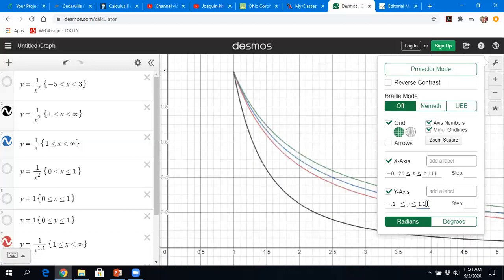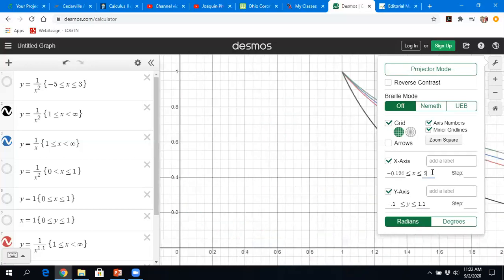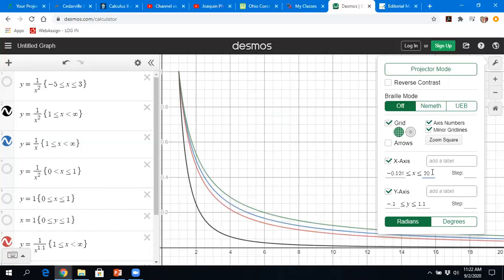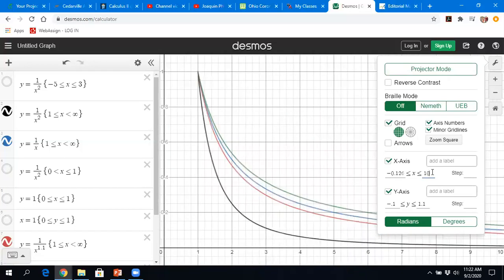Okay. And let's let the x-axis go out to 50. No, that's out of control. Let's do 20 or something. Or let's do 15. There we go. They all look the same actually. Let's just do 10. All right. I think we're good to go now.